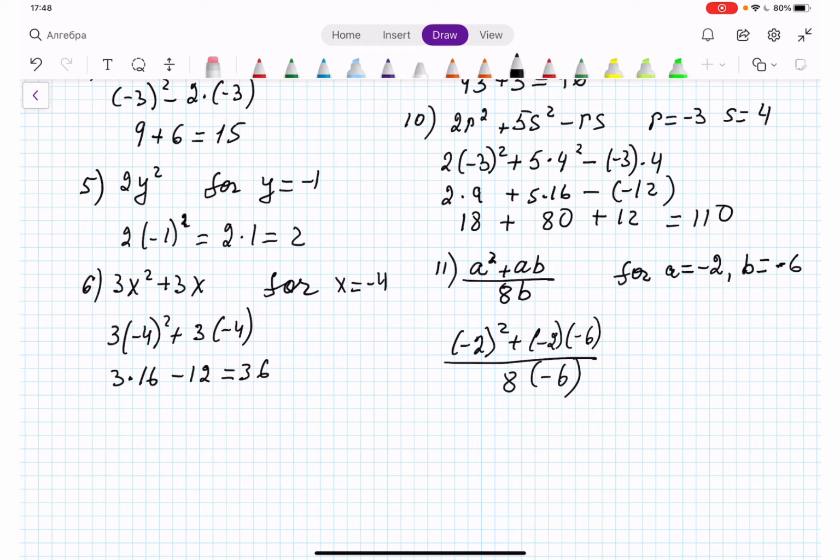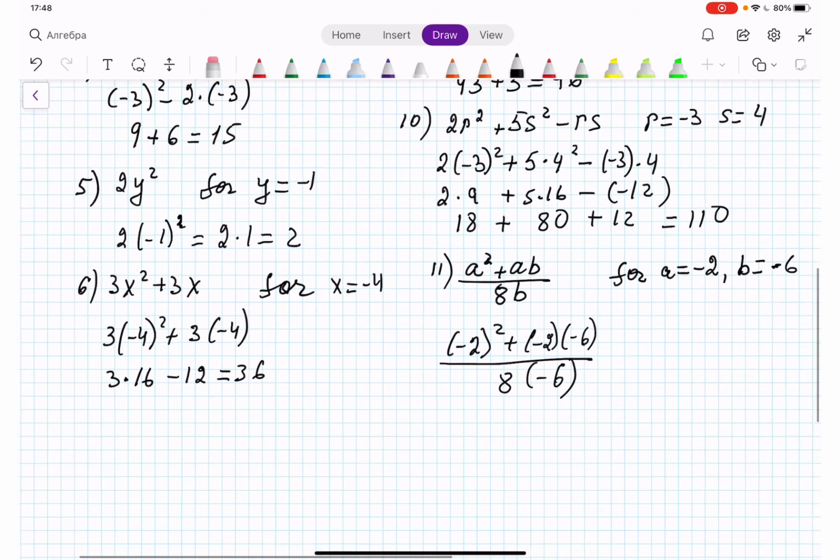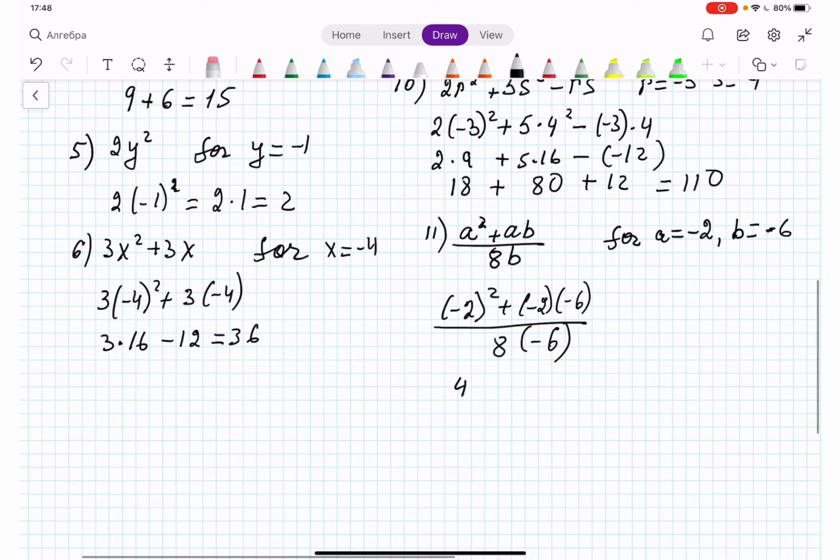So from here, this is going to be equal 4 plus 12 divided by negative 48. So 4 plus 12 is equal 16. This is negative over 48. And we have negative 1/3.